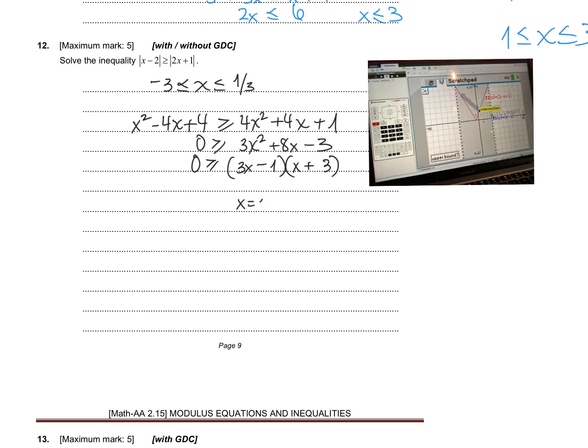So the zeros are x is 1/3, x is negative 3. So it can be both of those. Check, or actually it's quadratic, so we don't really have to check. So it's like this, and it's less than 0 in between negative 3 and 1/3.